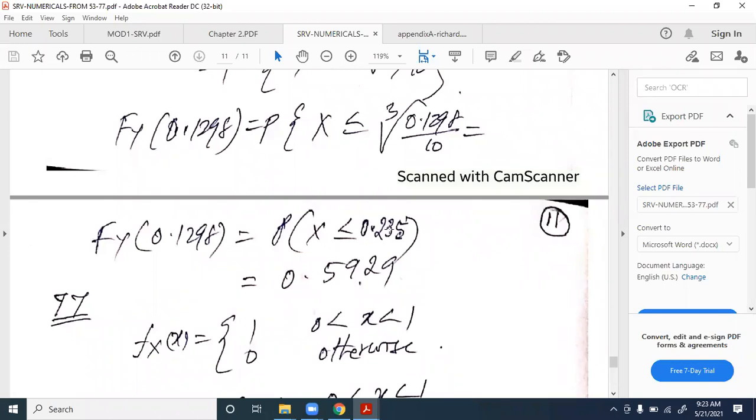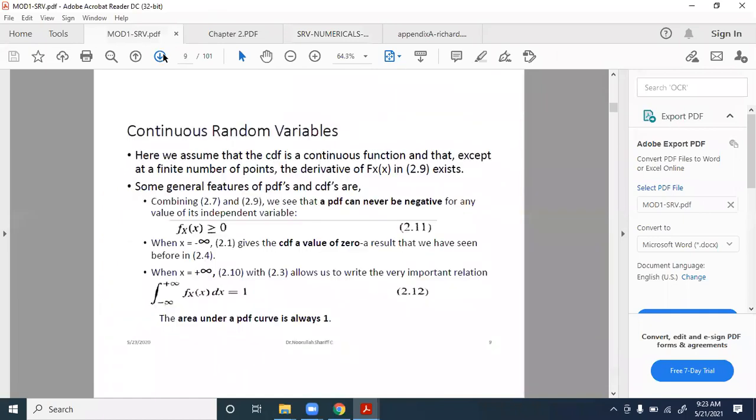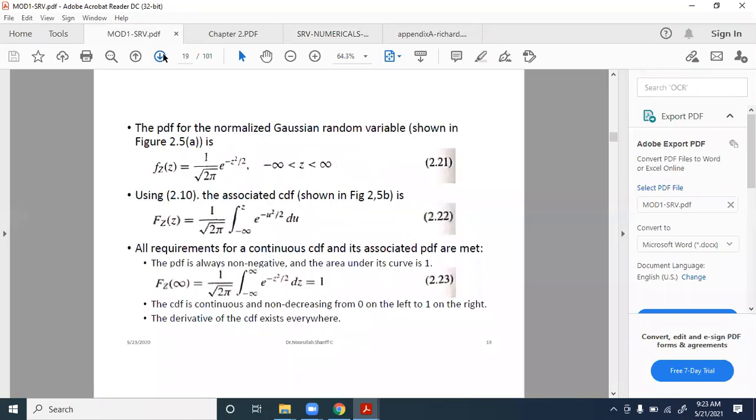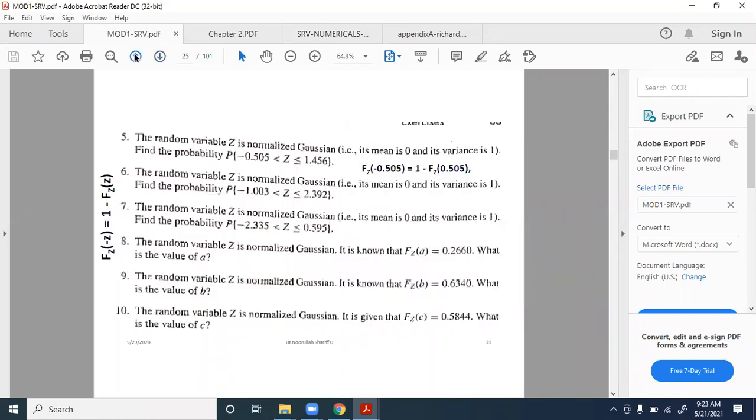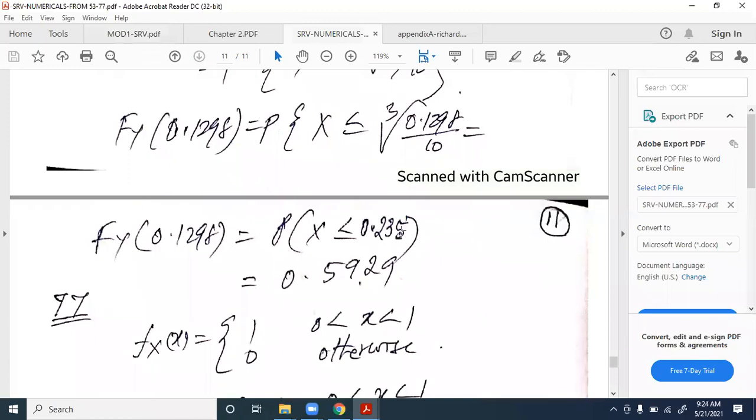So this we can see in the table. Okay, for the Gaussian random variable, yes, this is the table. From here we can try to find the value corresponding to 0.235. Is it 0.235? Yes, it is.